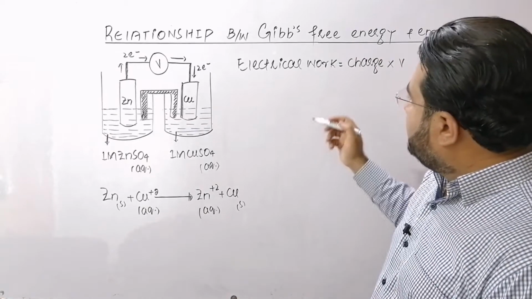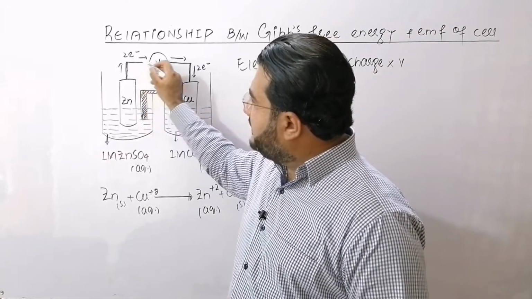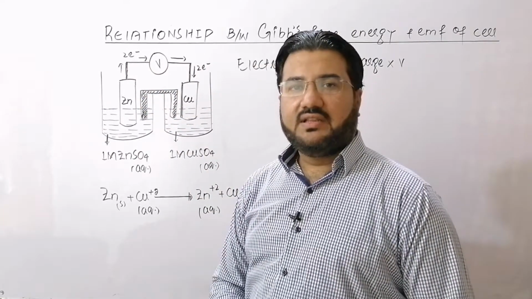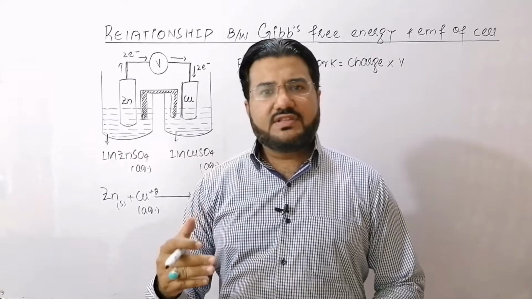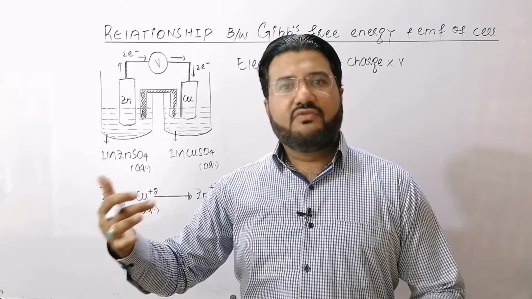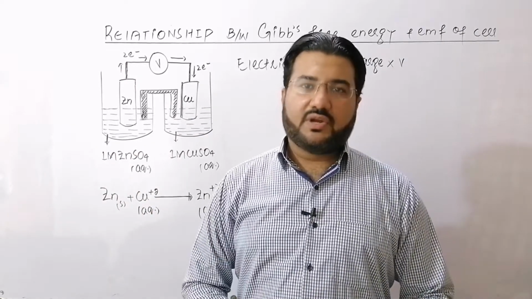Now my dear students, when the zinc is oxidized, then 2 electrons move from the zinc compartment to the cathode compartment. So when these 2 electrons move from anode compartment to cathode compartment, we say that some charge flows from the anode to cathode.